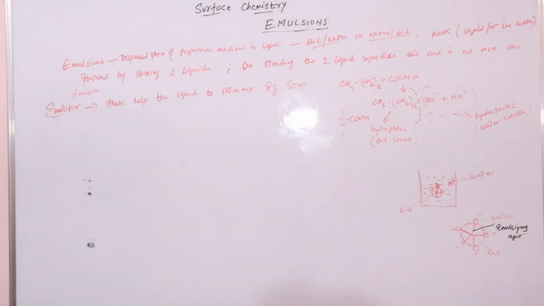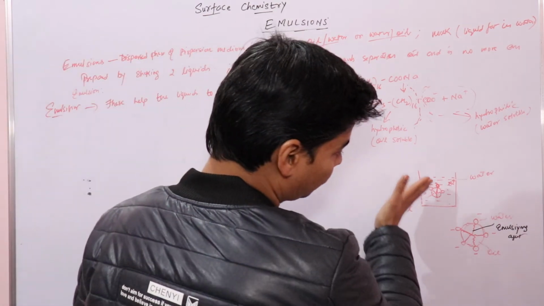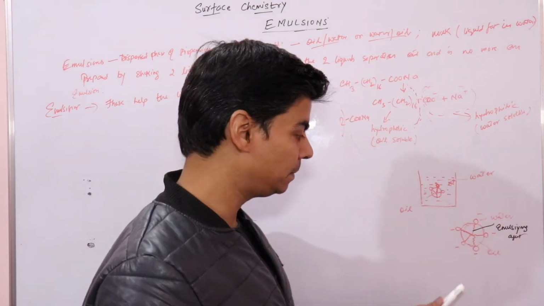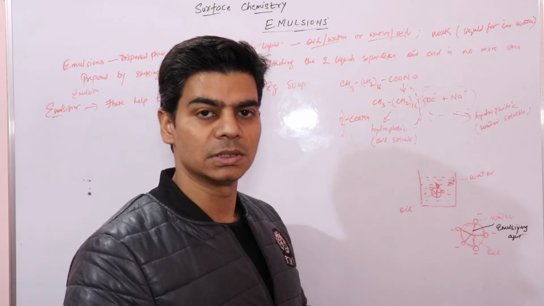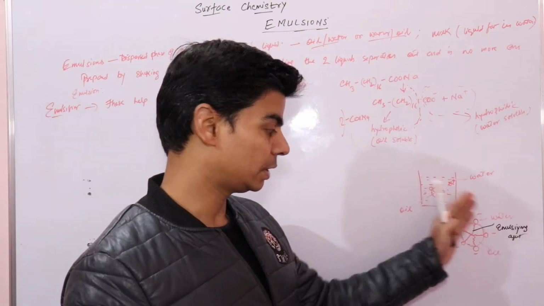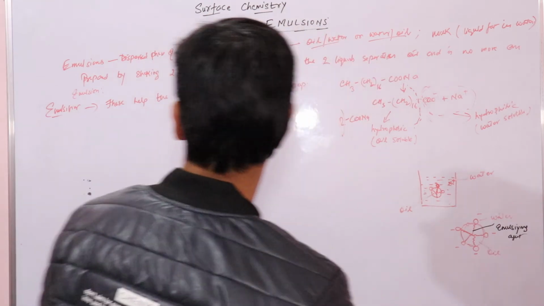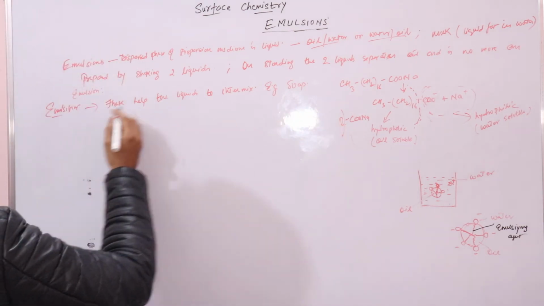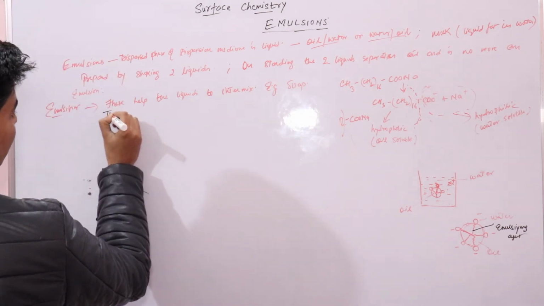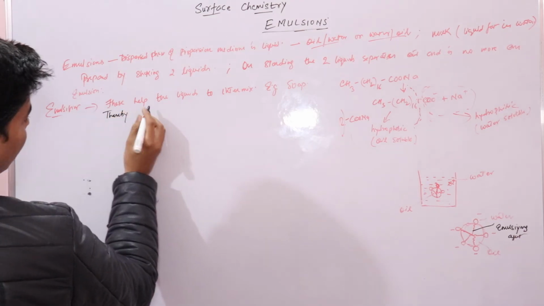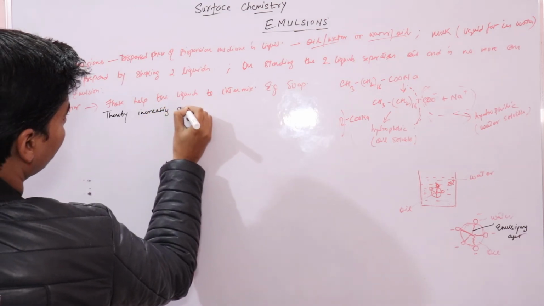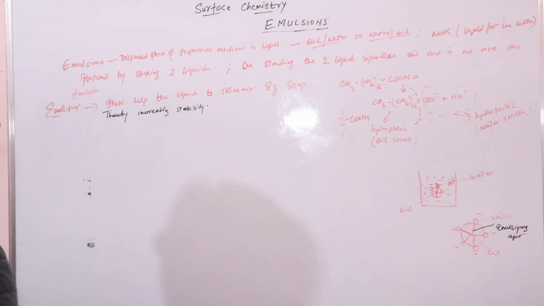This is how an emulsifier helps the interaction between oil and water, and hence this type of interaction helps the stability of the emulsion, or helps the emulsion attain stability. So emulsifying agents help liquids to intermix, for example soap, thereby increasing the stability of the emulsion.